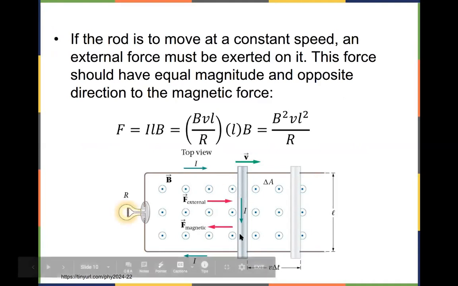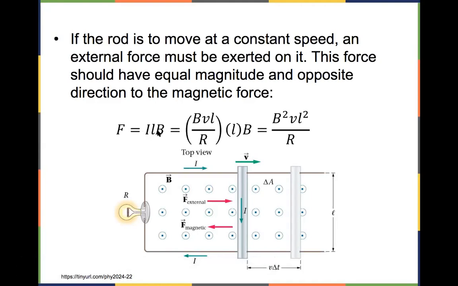So the rod is carrying a current, so the magnetic force on the rod should be equal to I times L times B, because that's the formula to calculate the magnetic force on a rod carrying current I.